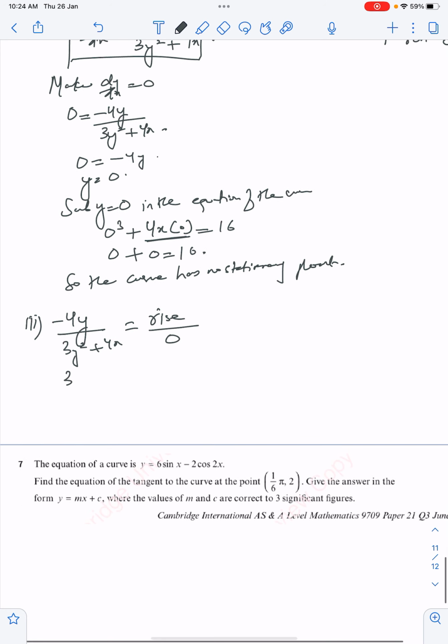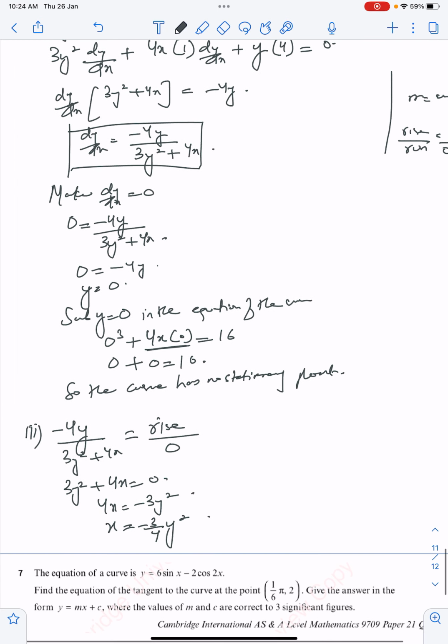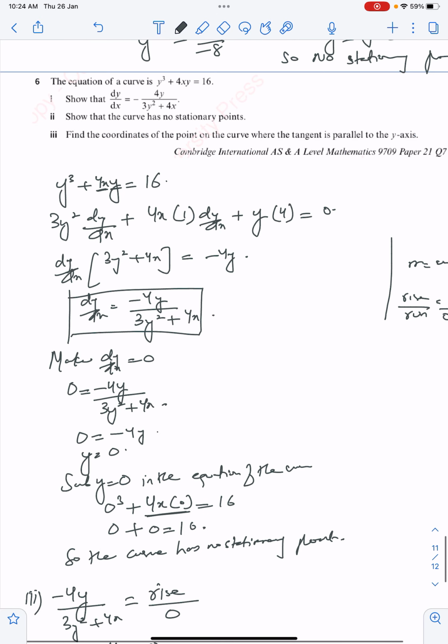So we have to make 3y square plus 4x equals 0. So I can make x the subject from here. 4x equals minus 3y square and x equals minus 3 upon 4 y square. If I plug in x as negative 3 upon 4 y square in the main equation of the curve, I will get the value of the coordinates.